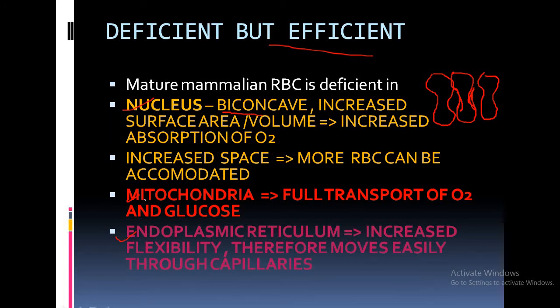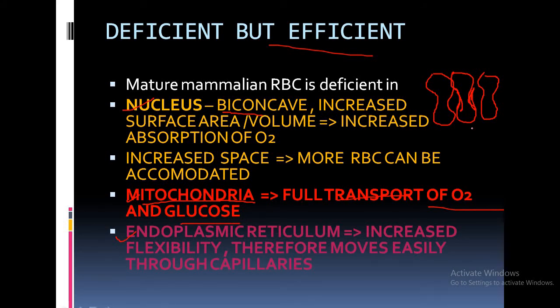Then what happens when mitochondria is absent? Can you tell any thief to be a guard of any substance? No. If RBC had mitochondria, then the mitochondria of RBC would utilize whatever oxygen is there for respiration and whatever glucose is there for respiration.